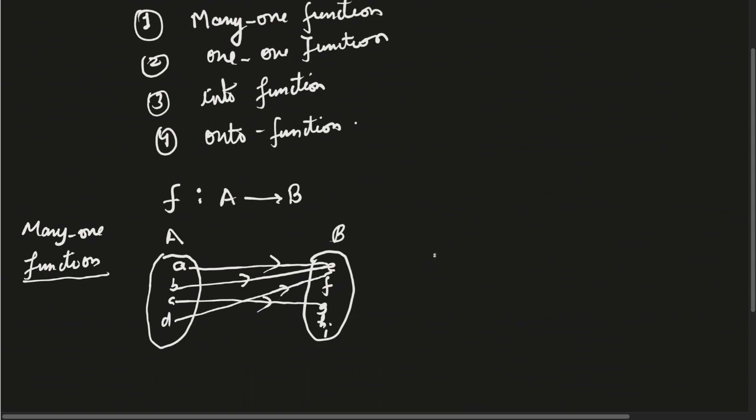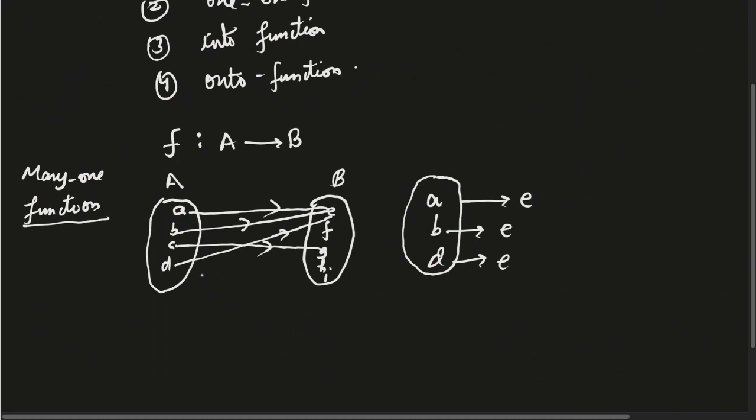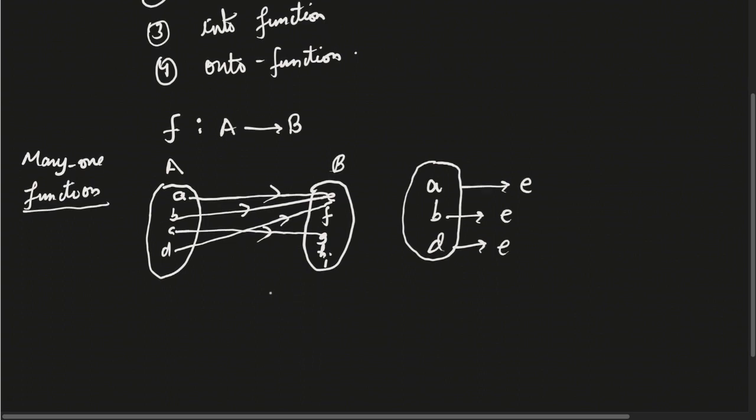So see here the image of A is E, the image of B is E, the image of D is E. So the image of three elements in set A, that is the domain set, is same in the codomain set. These type of functions are called many one functions, where two or more than two elements in set A, that is a domain set, have same image in the codomain set.